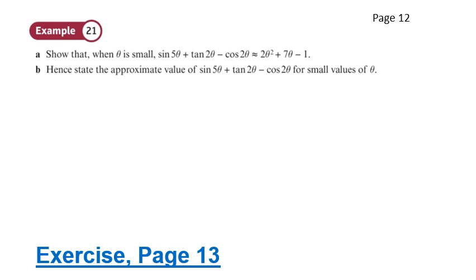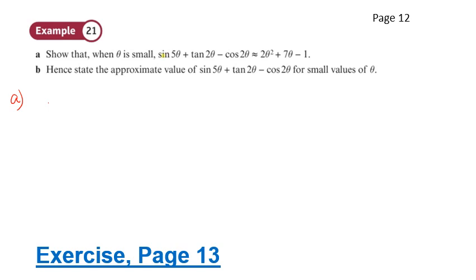Here are some more examples from your booklet, again on page 12. So in part A it says, show that when theta is small, sine of 5 theta plus tan of 2 theta minus cos of 2 theta is approximately equal to, and then we're given the answer to aim for. Okay, so let's use the highlighter.